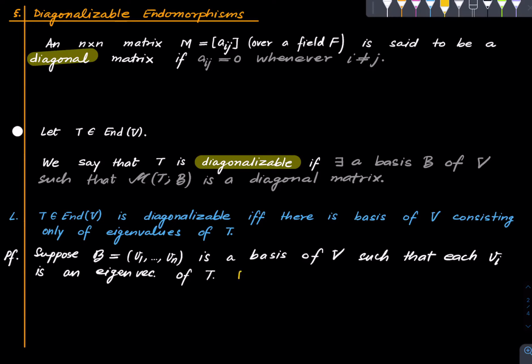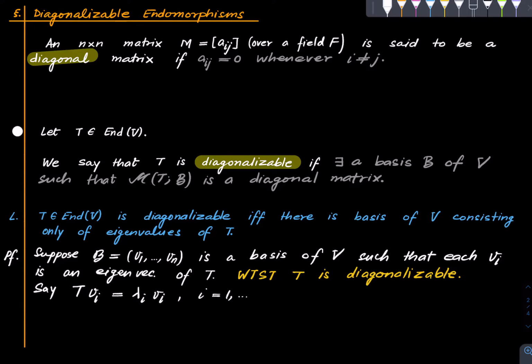We want to show that T is diagonalizable, and it's very simple. Say T v_i equals lambda_i v_i for i equals 1 to n.